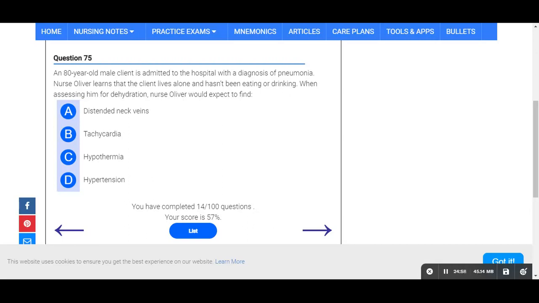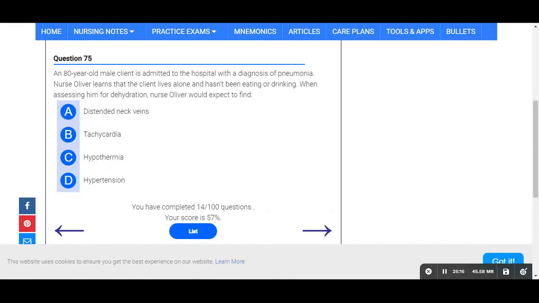So when assessing him for dehydration, Nurse Oliver would expect to find, okay, take note that we're talking about an 80-year-old male client, geriatric patient, with a diagnosis of pneumonia, who lives alone and has not been eating or drinking.